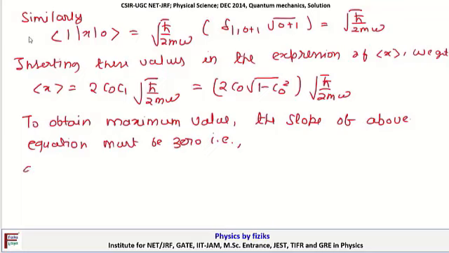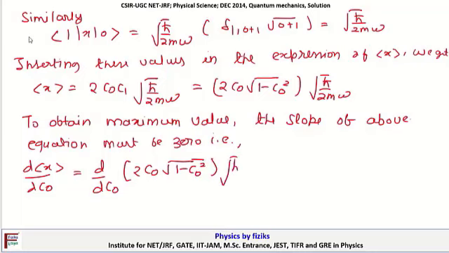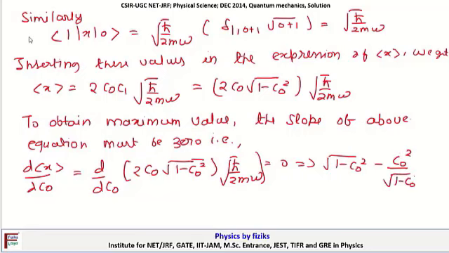That is, del x by dC0 would be equal to d by dC0 into 2C0 root of 1 minus C0 square ħ by 2mω equals 0, which implies 1 minus C0 square minus C0 square by root of 1 minus C0 square is equal to 0, which implies 1 minus C0 square minus C0 square is equal to 0, which implies C0 is equal to 1 by root 2.